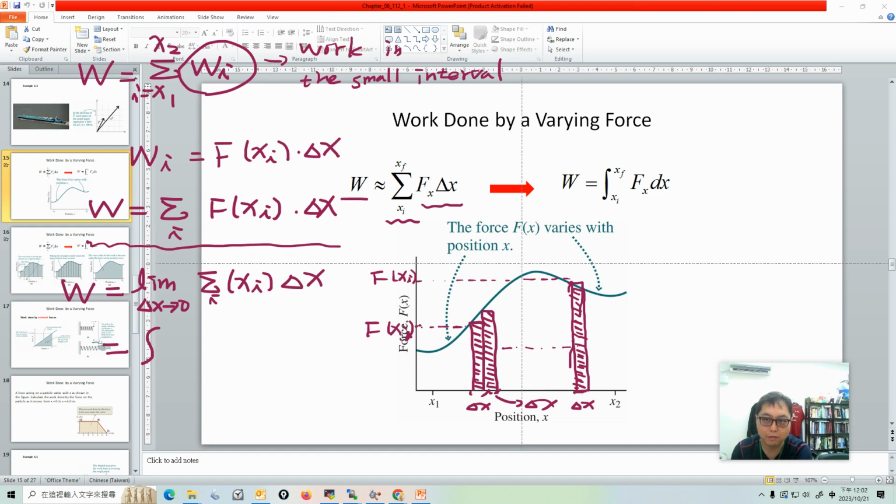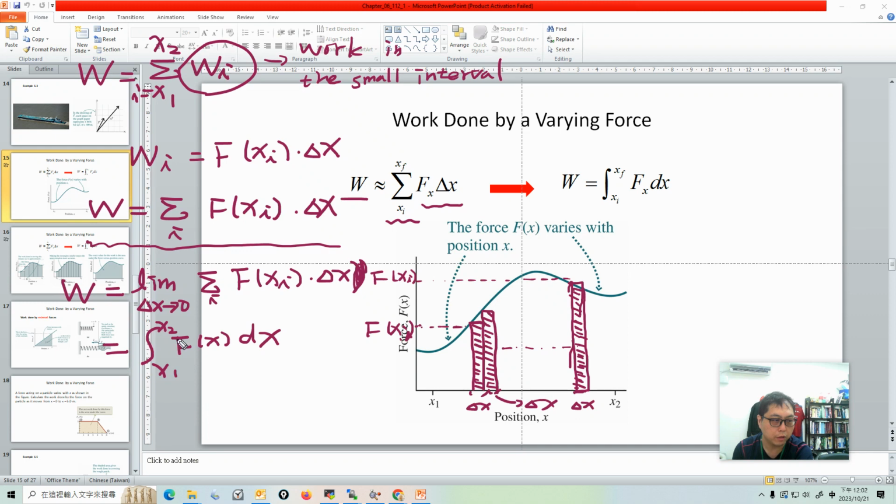I forgot one thing: this is force f of x_i times delta x. It will become the integral of f of x dx, with a range from x1 to x2. So that's the original definition of integration.